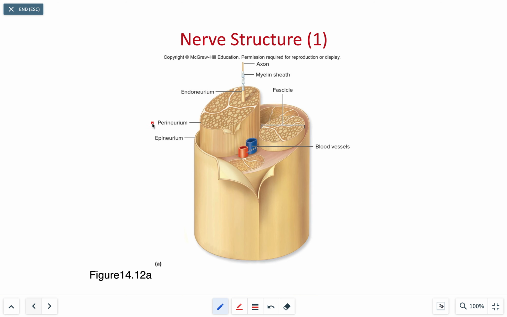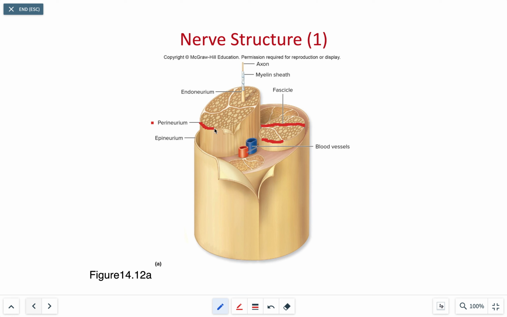Moving out to the perineurium, we see here we have a group of axons wrapped into separated bundles, and these separated bundles are going to be called a fascicle, very similar to the muscle tissue. And they are going to be covered by this outer layer located here and also here.